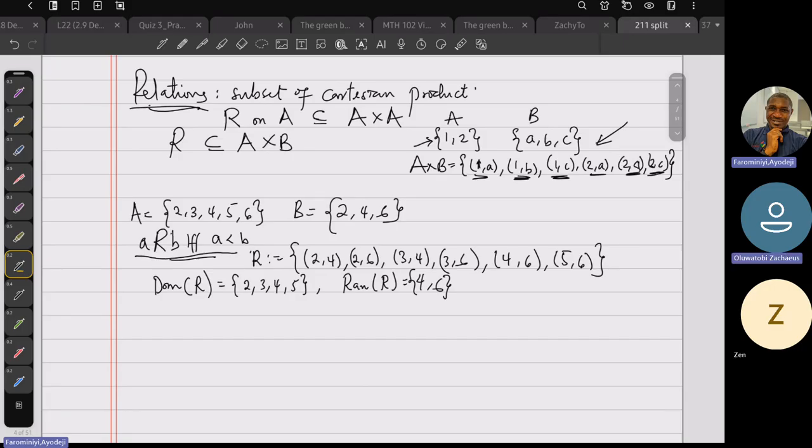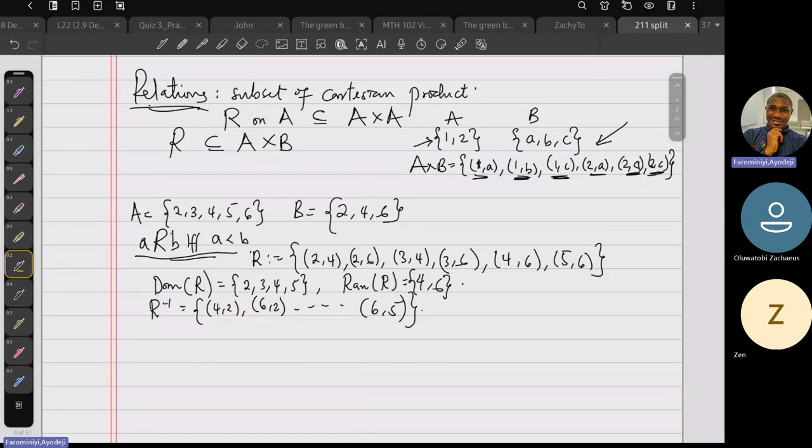Thank God you don't make the same mistake. What about the inverse of R? (4,2), (6,2), (4,3), (6,3) and so on. Good. So it means you know it, and we don't need to spend time defining that.